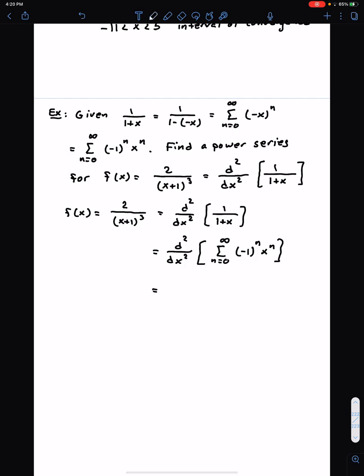So the second derivative is the sum. I'm going to increase the index of summation to 2. You can keep it as 0, but the first two terms will zero out. Negative 1 to the n stays. The second derivative of x to the n is n times n minus 1, x to the n minus 2.